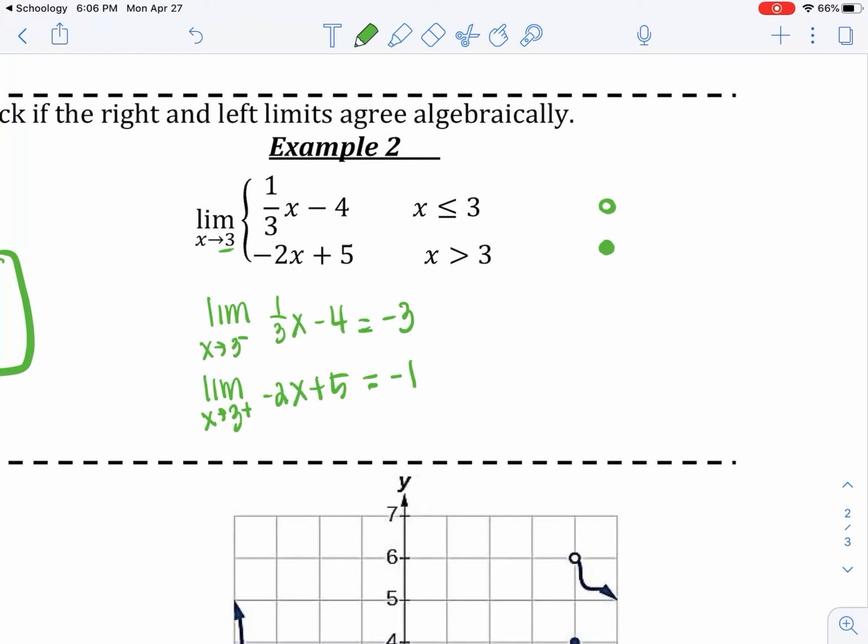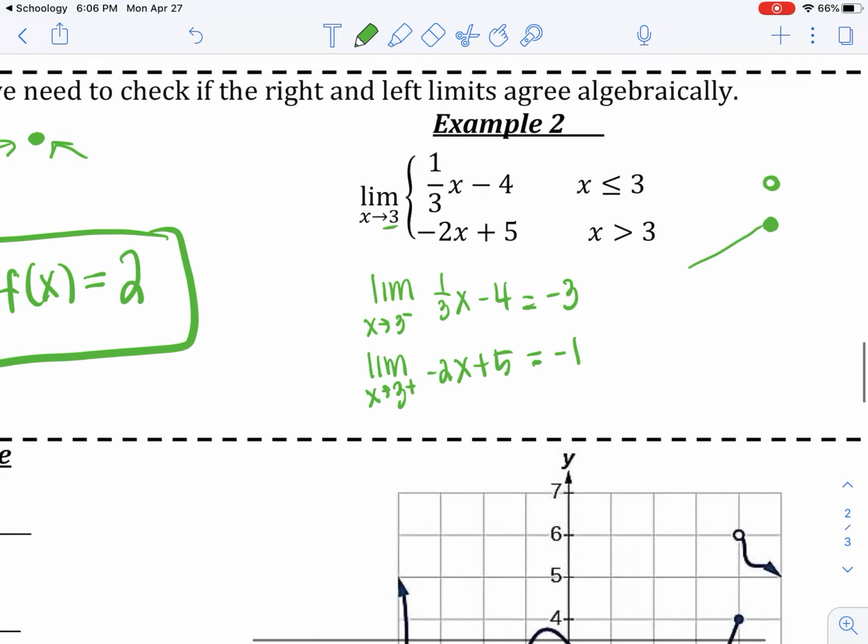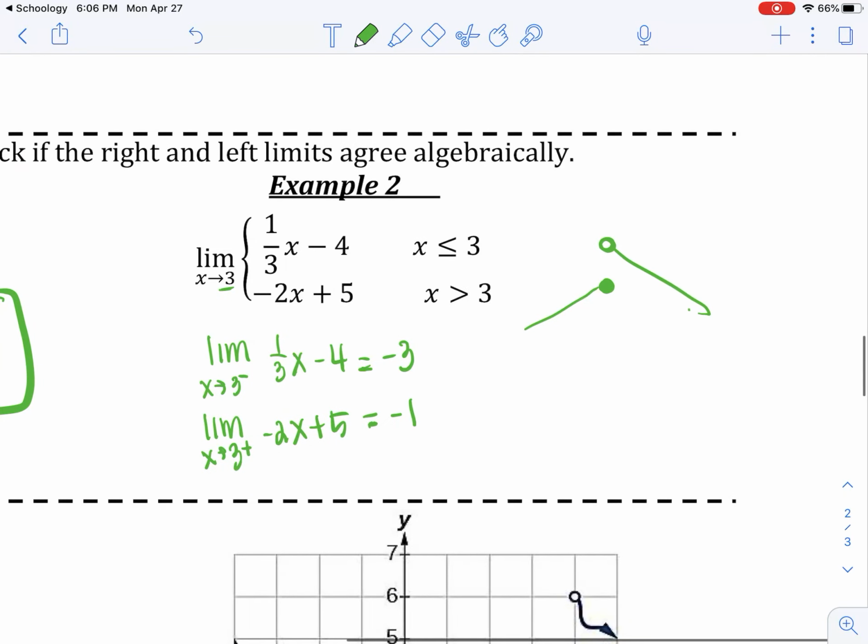So what you have is a jump. You have a line going up, and then a line going down like this, and there's a jump in the graph. So the limit does not exist here. The limit as x approaches 3 of this function, which once again I'll just call f of x, does not exist.